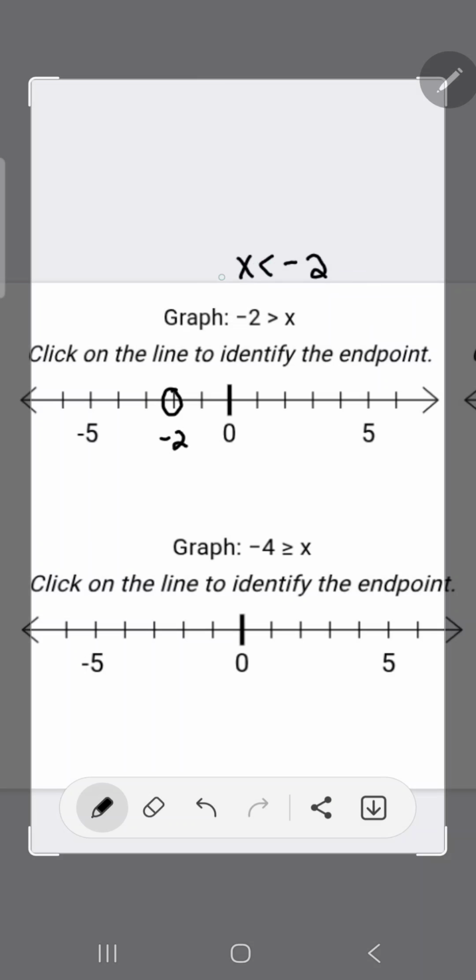Now you'll see that the arrow is pointing left because x is less than -2, and you would shade to the left. So if your variable is on the right-hand side, you're going to move it to the left. You will keep the point pointing at the x. This will be a filled-in circle at -4, and this is less than, so it goes to the left.